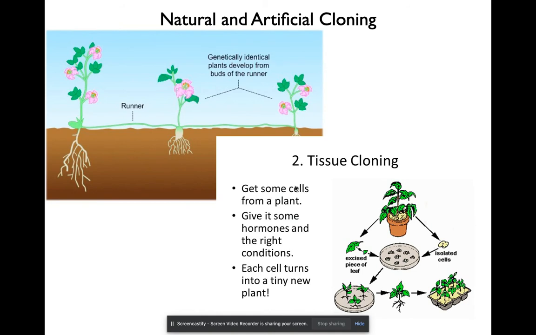And not all plants, but a lot of plants, you can clone by cutting part of the plant, and then using specific hormones in the right soil, you can actually turn those cuttings into whole and complete plants that are exactly identical to the first plant.